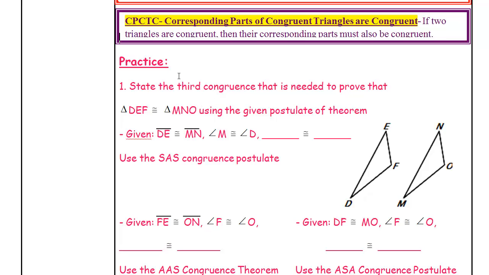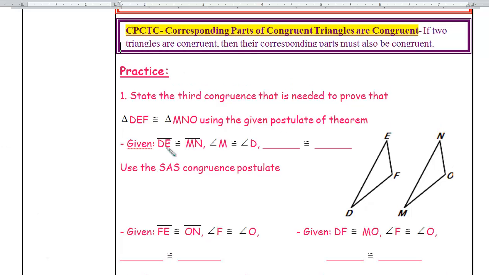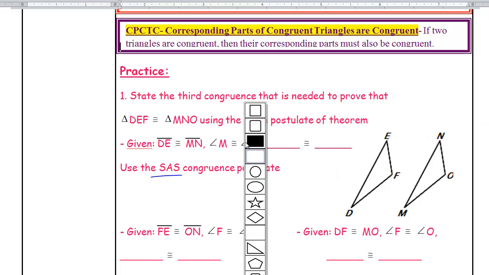So it asks us to state the third congruence that's needed to prove that triangle DEF is congruent to MNO using the given postulate or theorem given. So let's see. So I have DE congruent to MN, excuse me, angle M congruent to angle D. And they're asking me to use SAS. Well, this is probably most easily done by drawing a picture.